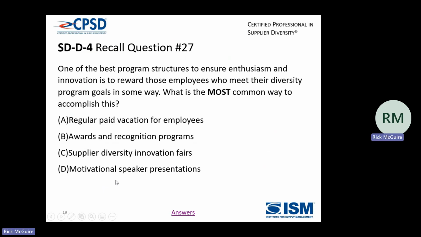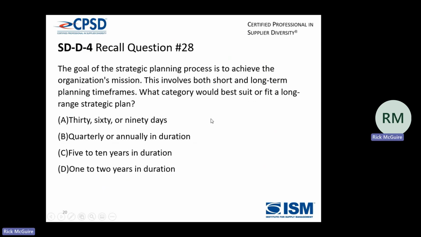And then one more. The goal of the strategic planning process is to achieve the organization's mission. This involves both short and long-term planning timeframes. What category would best fit a long-range strategic plan? So what's the time frame for a long-range strategic plan? 30, 60, 90 days?